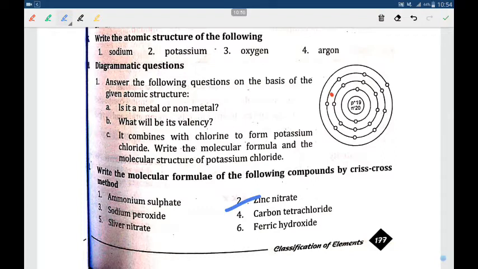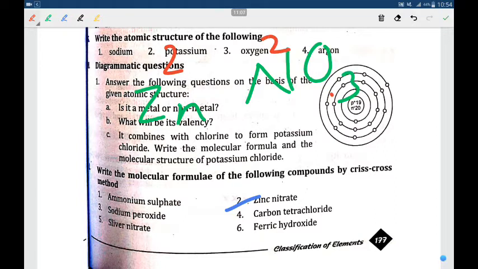Now students, zinc nitrate. For zinc nitrate, what do you do? Here I am going to write zinc, and nitrate is NO3. Now dear students, balance it. What is the valency of zinc? 2. Nitrate also 2? Then what can be done?